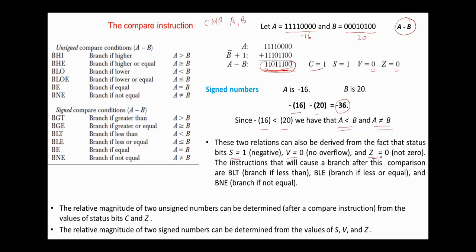The instructions that will cause a branch after this comparison are branch if less than, branch if less or equal, and branch if not equal.